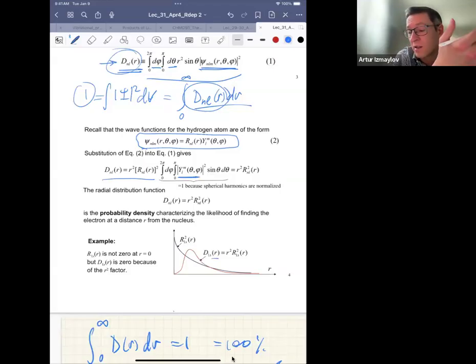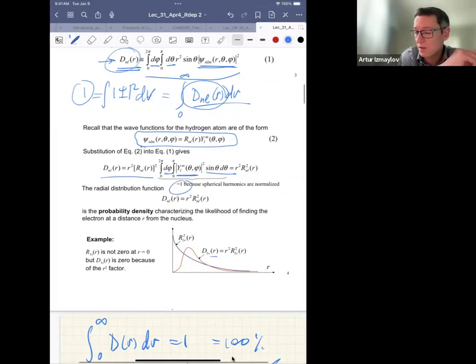They are normalized, so if you integrate them properly over theta and phi, they give you just 1. And all you need for this D_nl of r is r squared, which is part of the Jacobian, multiplied by the big R, the radial component. So this is a very simple formula for this probability density.